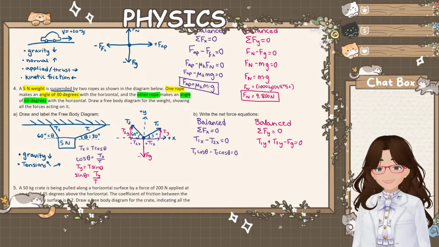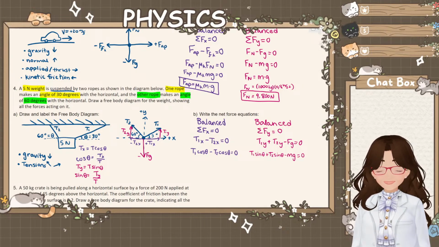Okay, and then expanding that, I'm going to get T1 times sine theta plus T2 sine theta minus mg is equal to 0.